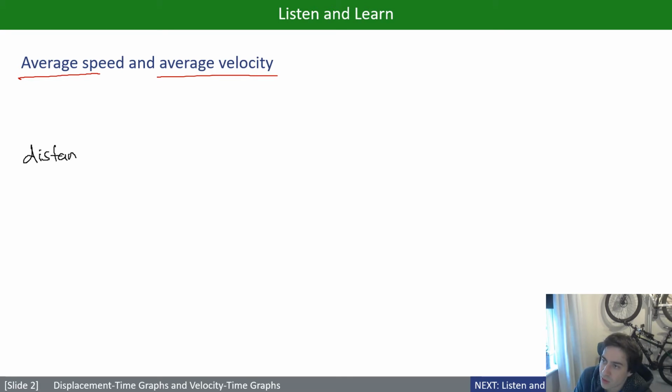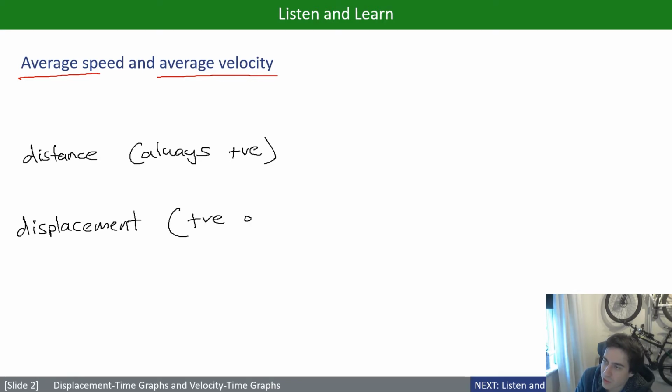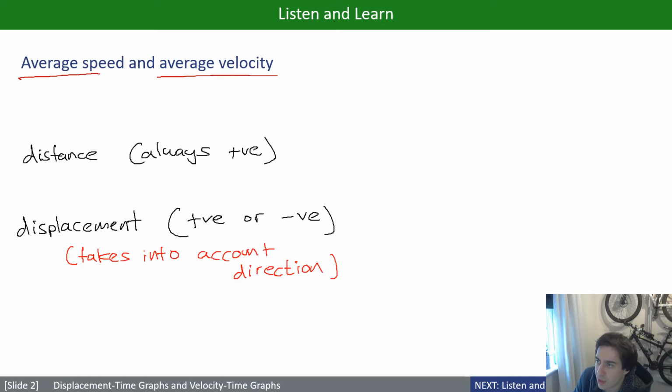Distance is always positive, and displacement can be positive or negative in one dimension. So effectively, displacement takes into account direction, and distance does not take into account direction.